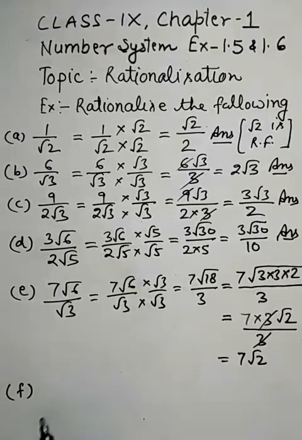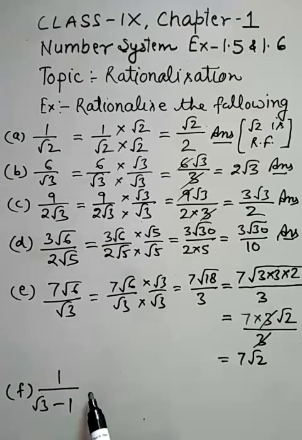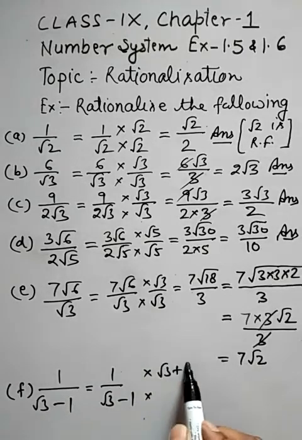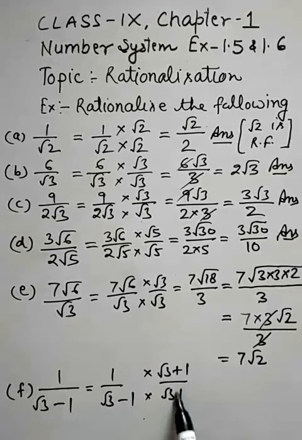Take one more example. 1 upon root 3 minus 1. This time the rationalization factor will change. When the form is a plus b or a minus b, we will take the opposite sign. This is a minus b, so we will multiply with a plus b both sides, numerator and denominator.